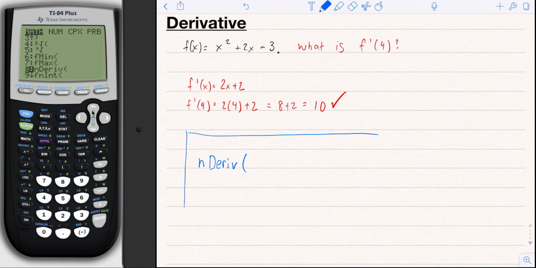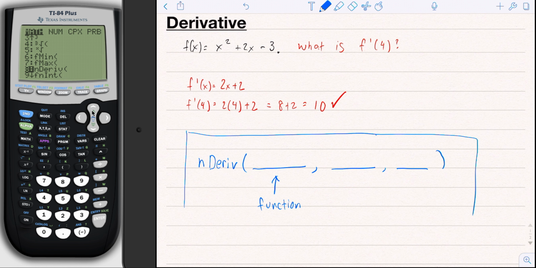So what you have to do is plug in 3 different things with commas in between. I'll tell you what each of these things are. The first one is your function. The second is the variable. And the last one is the x value, or the specific location.